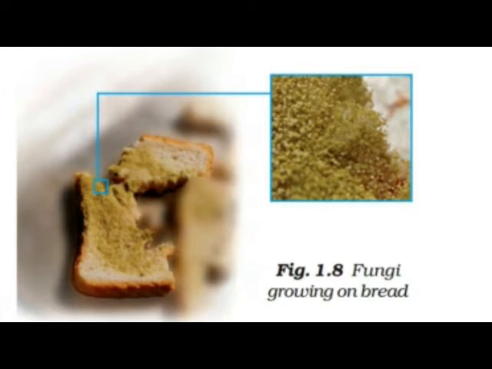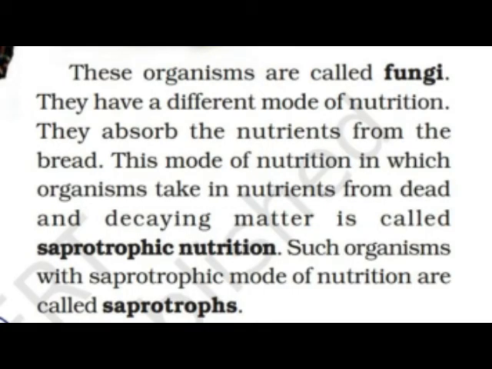This fungi or the fungus grows on the bread in moist places. Now we have to think what is the mode of nutrition of this fungi, how they produce their food.